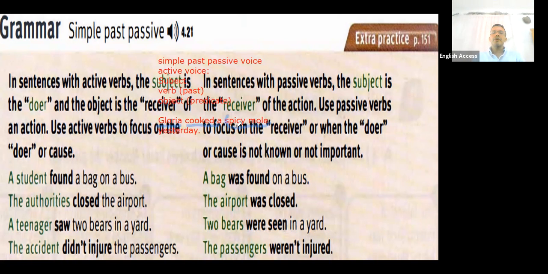When we know the object, we know the object is singular in this case, a spicy mole. As we say, singular, we use was. Spicy mole was cooked yesterday. And if we need to know who, we say by Gloria, right? No, not by Lucia, not by Judith, it was cooked by Gloria. Yes?